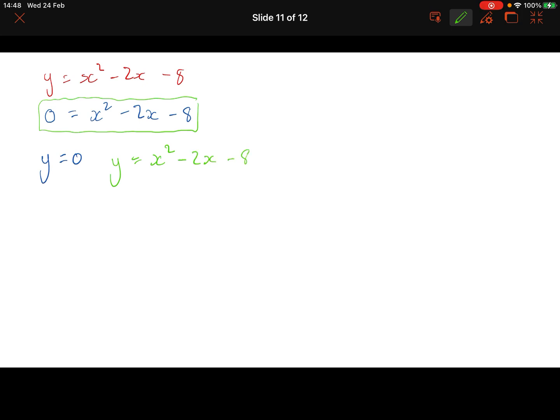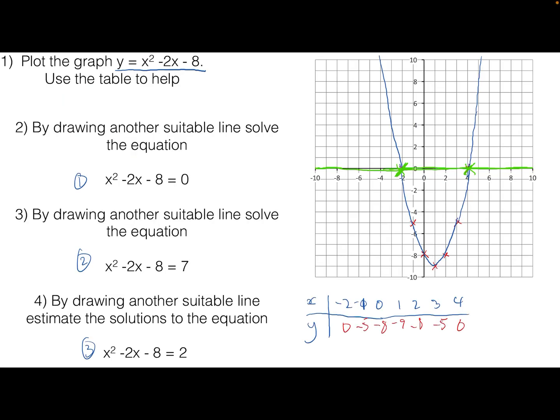Okay? So it's there. Now, what are the x values at that intersection? It's x equals minus 2 or when x equals 4. So actually there are two answers to this equation. The left-hand side is equal to 0, both when x equals 4 and when x is equal to minus 2. So we can use the graphs to find out where they are.